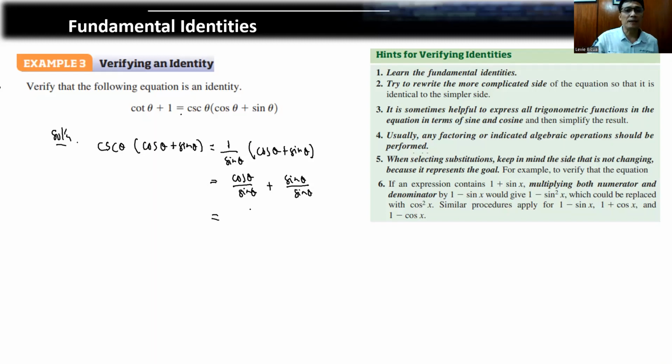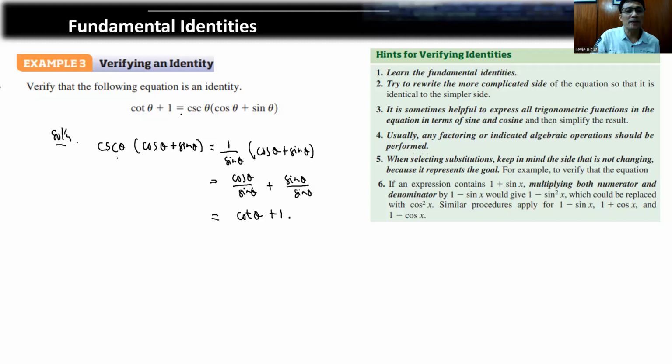And cosine theta over sine theta is what? Using the quotient identity, that's equivalent to cotangent theta, and then this is equal to 1. Now, take note that this is the same as the left-hand side. So you were able to verify the identity.